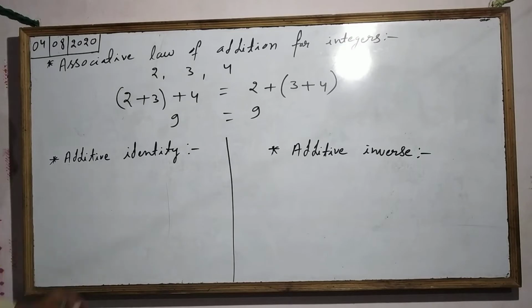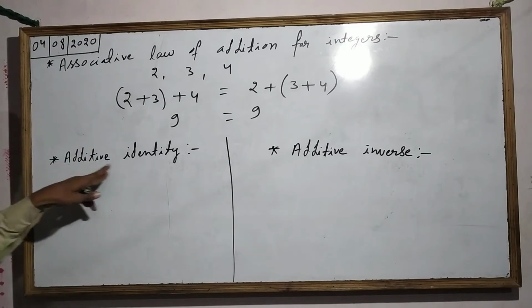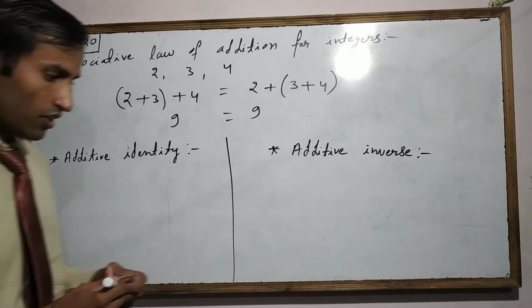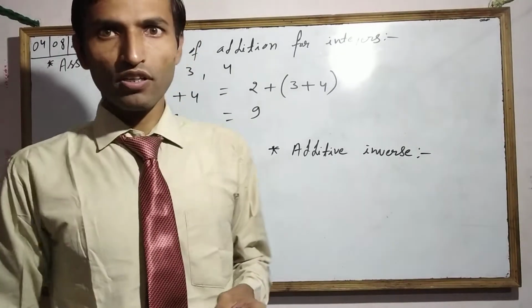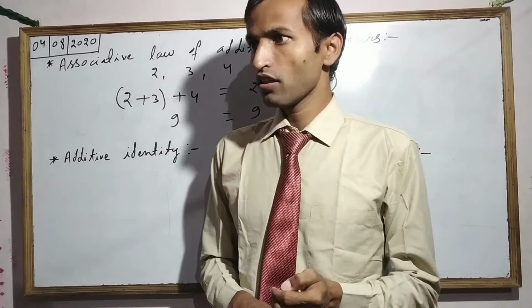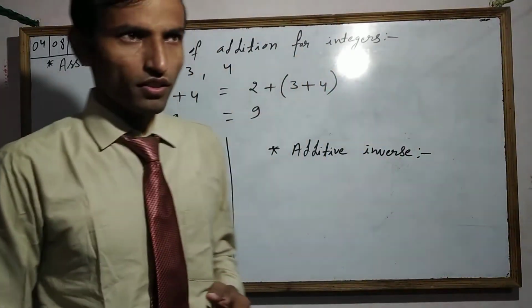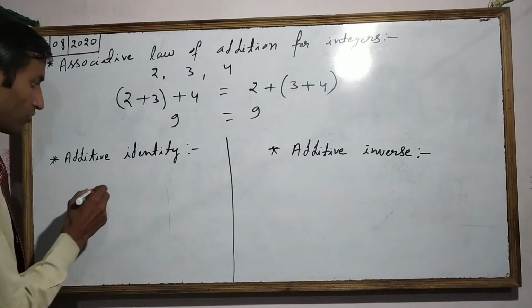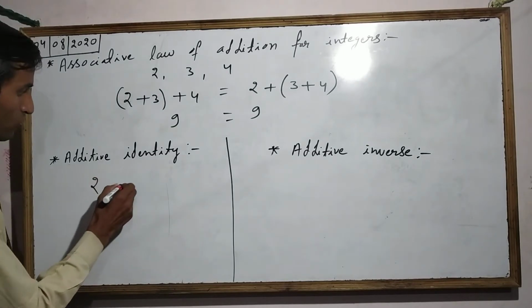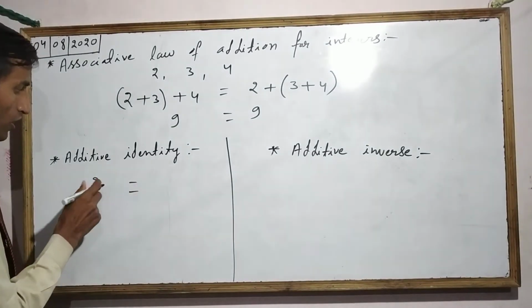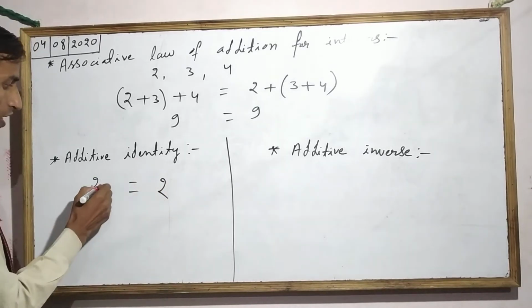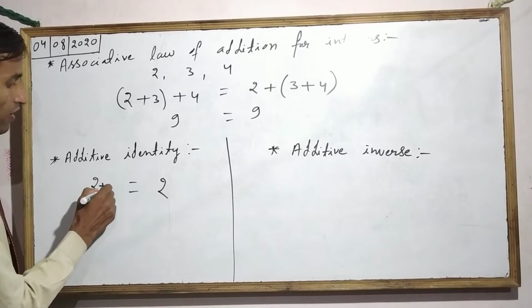Now the next property is additive identity. Additive identity means if you add some quantity to any quantity, it never changes its identity. If you add something to 2 and the result is the same 2, what should we add? We add 0.